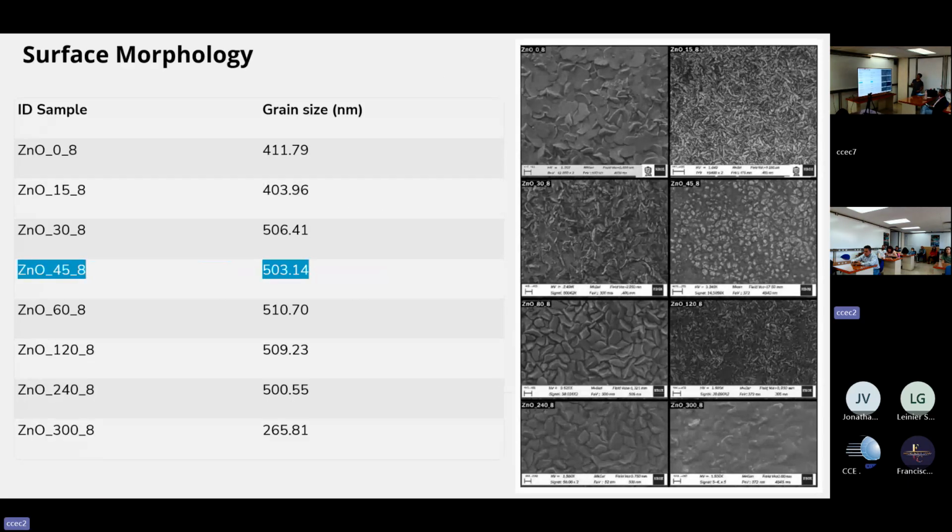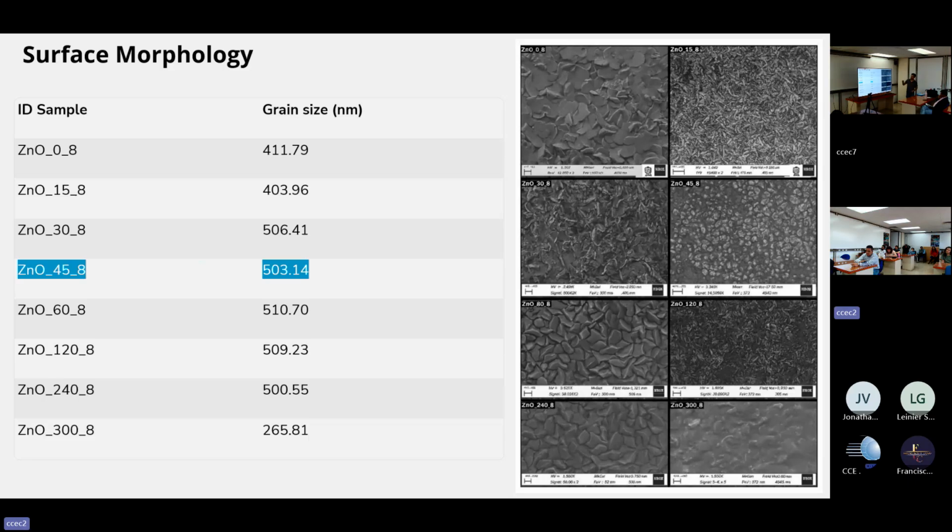The SEM images exhibit a morphological evolution with increased milling time. The films obtained with unmilled precursor exhibit well-defined hexagonal grains.